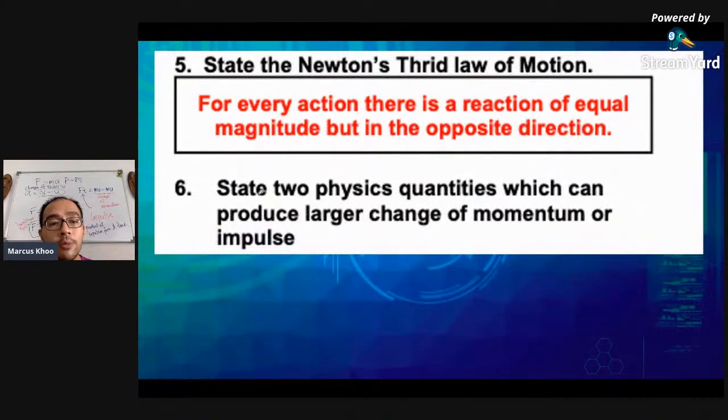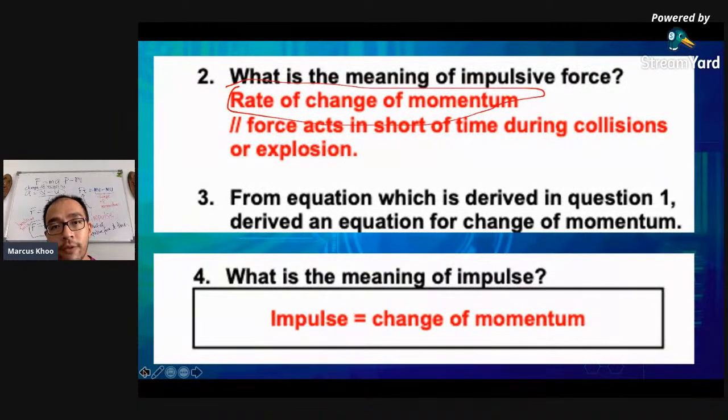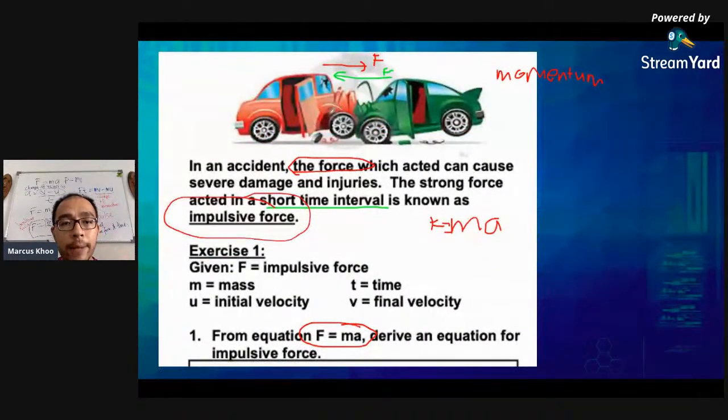So this brings us to Newton's third law of motion. Now that we've talked about impulsive force and impulse, we find that this car is exerting one impulsive force on this green car. And we find that this green car is also exerting the same amount of force on this red car.